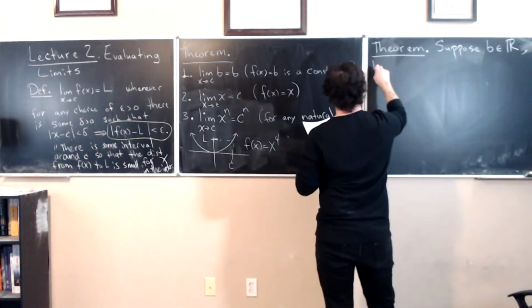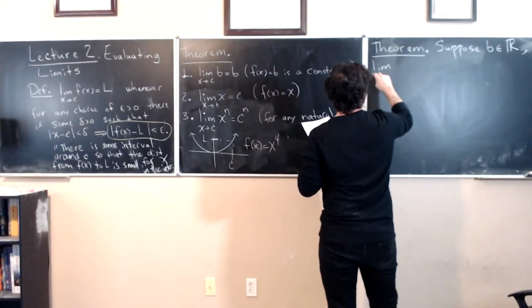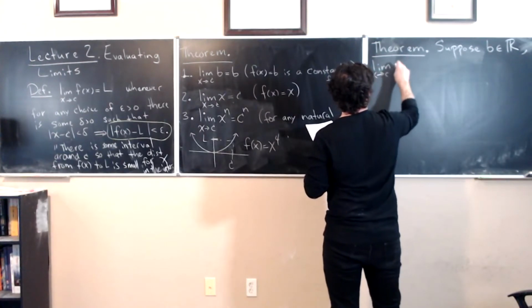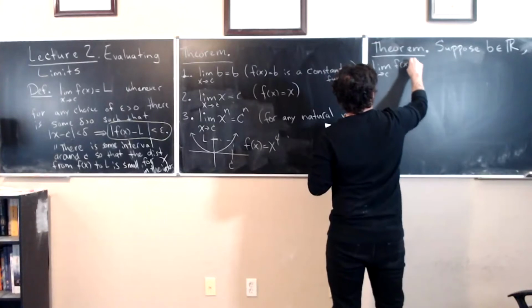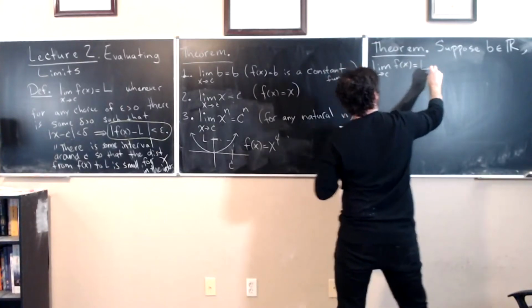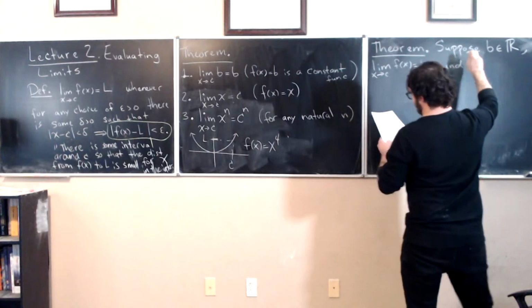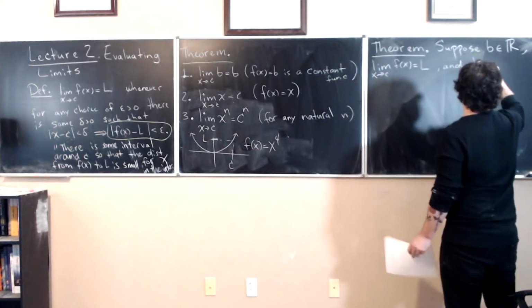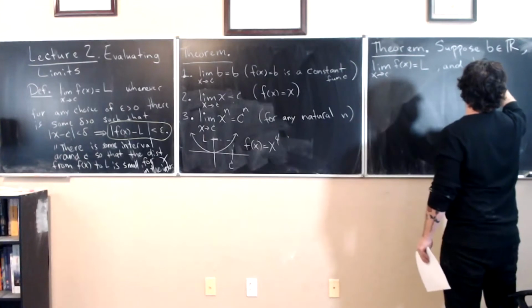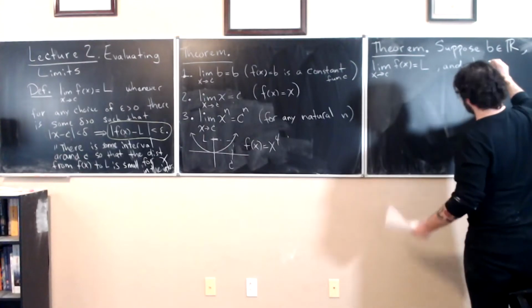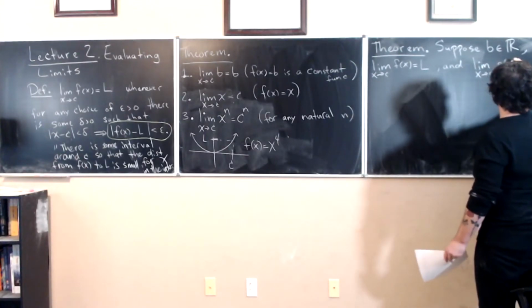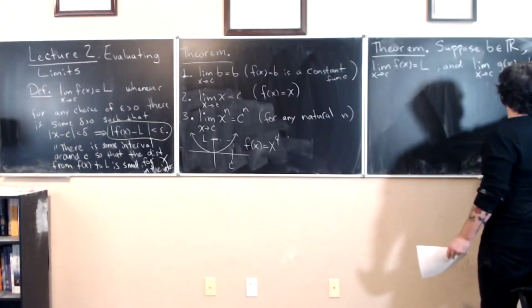The limit as x approaches c of f of x is equal to L, comma, and the limit as x approaches c of g of x equals some number k.